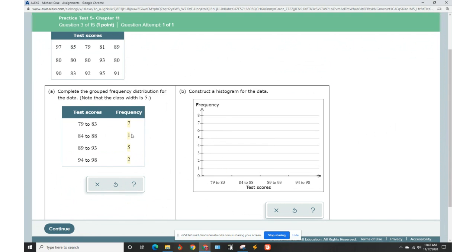So we're just going to carry this right here. The finger comes up and we're going to take it up to 7 to represent that. The second one is just a 1, so we just go up 1 there. This is the 89 to 93, so we're going up to 5. And 94 to 98 is going to be 2.